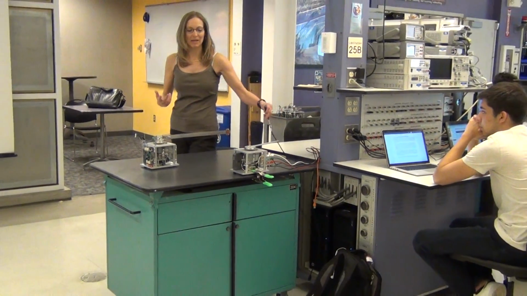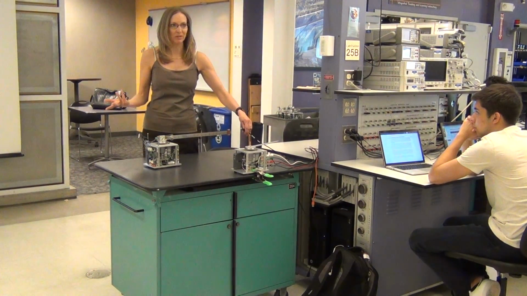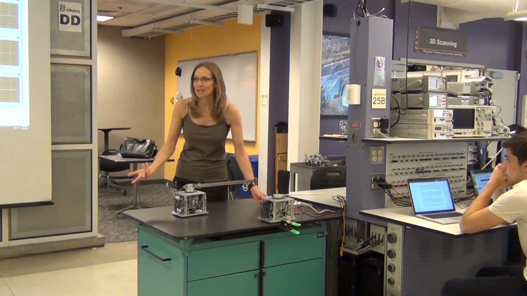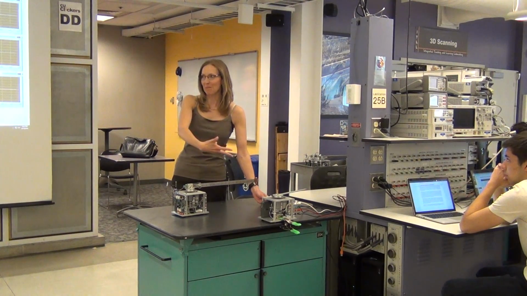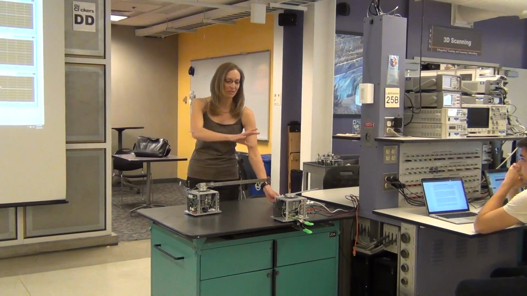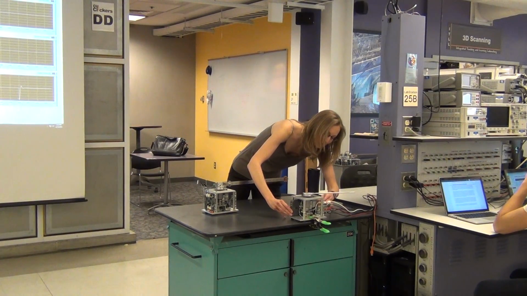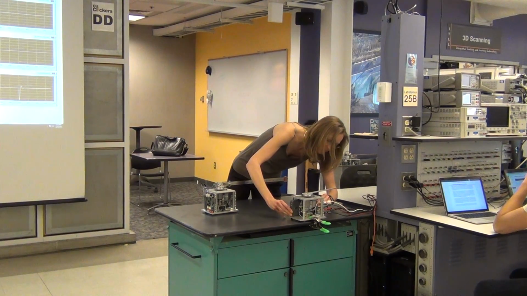So I mention this because it's important. If it goes unstable and you leave an unstable controller loaded onto the spacecraft, it will continue to be unstable until you give it a new command. Okay, so that's an important thing that I want to point out of where the control is actually happening.